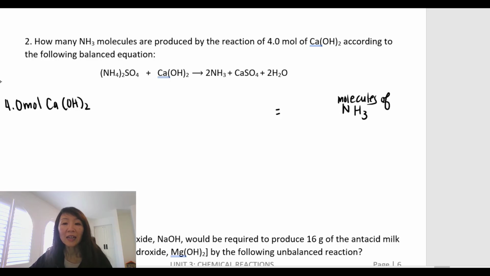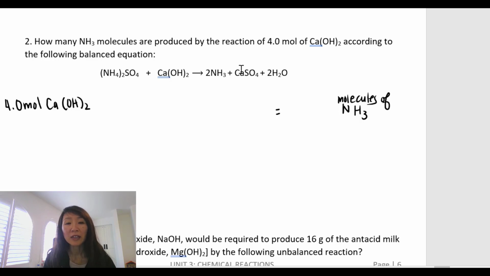In order to get there, let's think about the mole-to-mole ratio. You can write out all the possible mole-to-mole ratios for this chemical equation, but they're quite long, and it's useless to write everything. As in previous problems, we only used one of the mole-to-mole ratios.